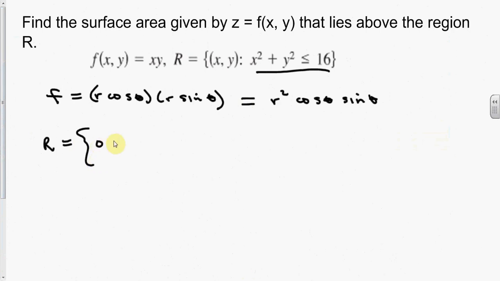This region goes from 0 to r less than or equal to 4. And then theta, well, that's the complete circle, so theta goes from 0 to 2 pi. Give you a couple minutes to see what you can do with that one.